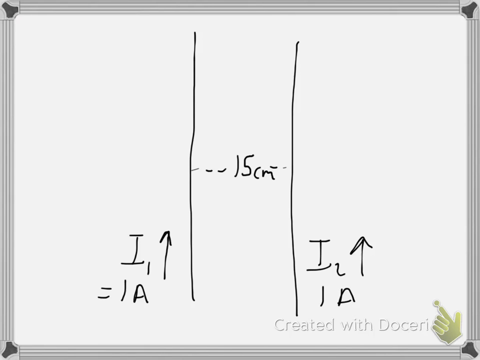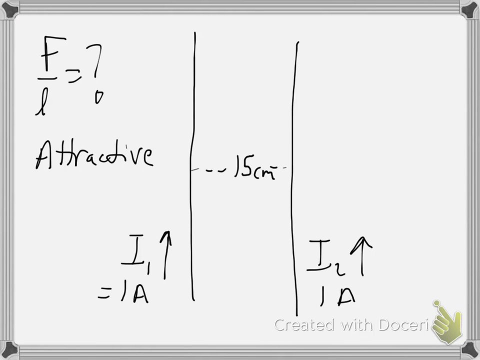And we want to find the force per unit length between these 2 wires. And remember, since the currents are going to be in the same direction, these are going to be attractive. So let's actually do the calculation. Let's plug all this in.